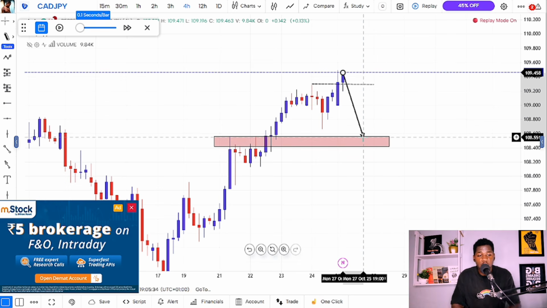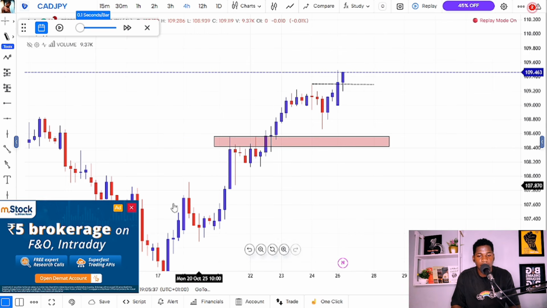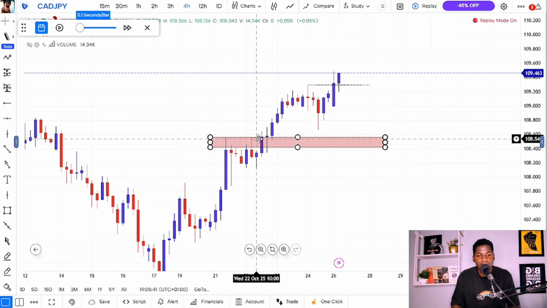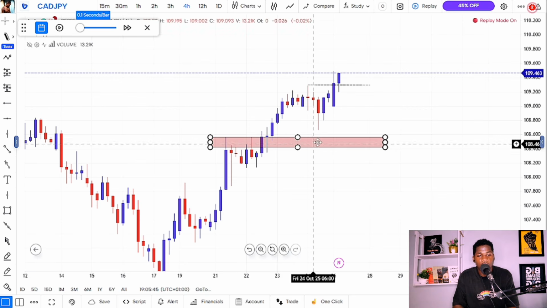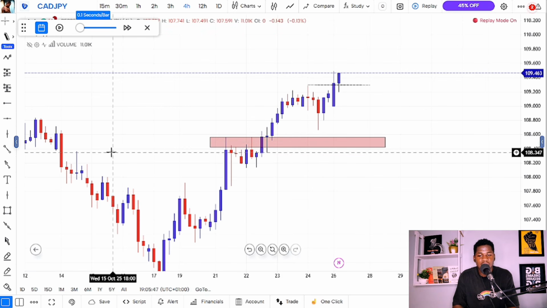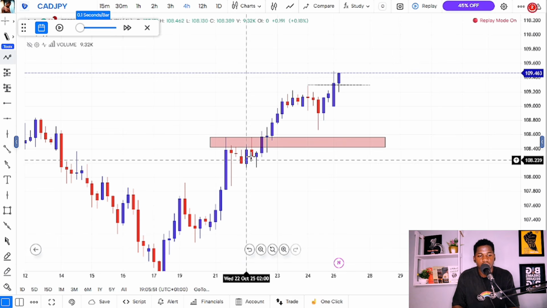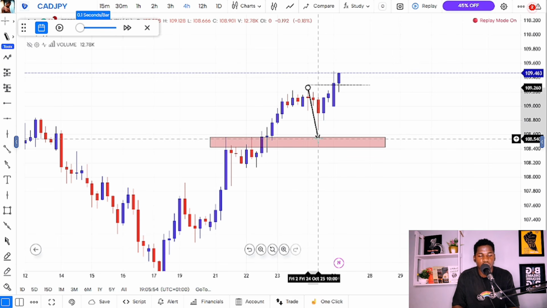Now this place here. Sorry guys, I missed a step. This place here. Now remember, when price broke this level, price failed to tap here. Yes, price needs to tap this level. Price needs to tap this level here.